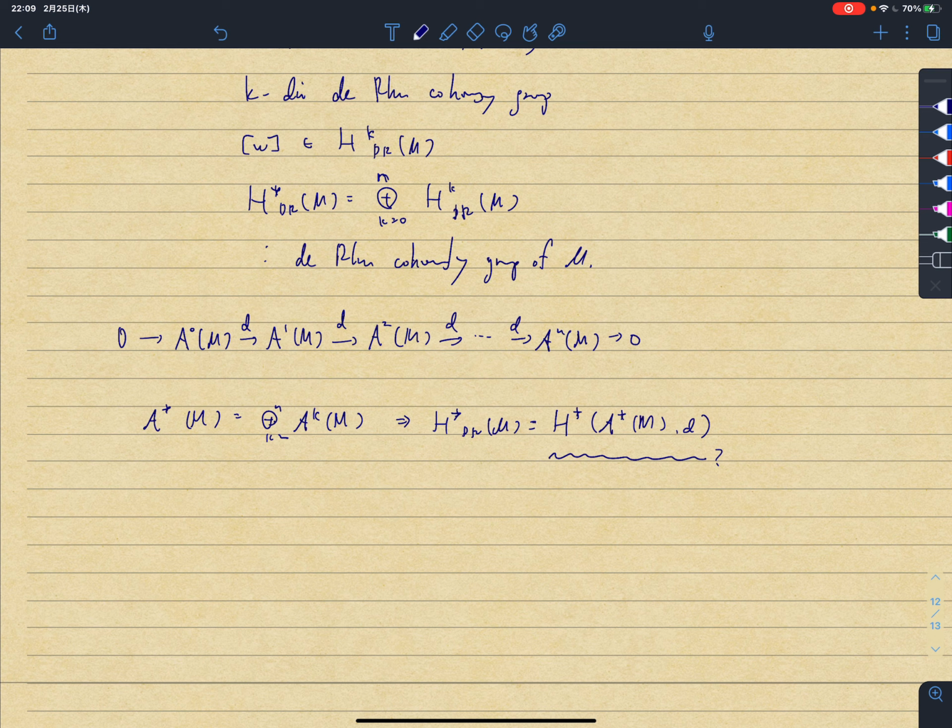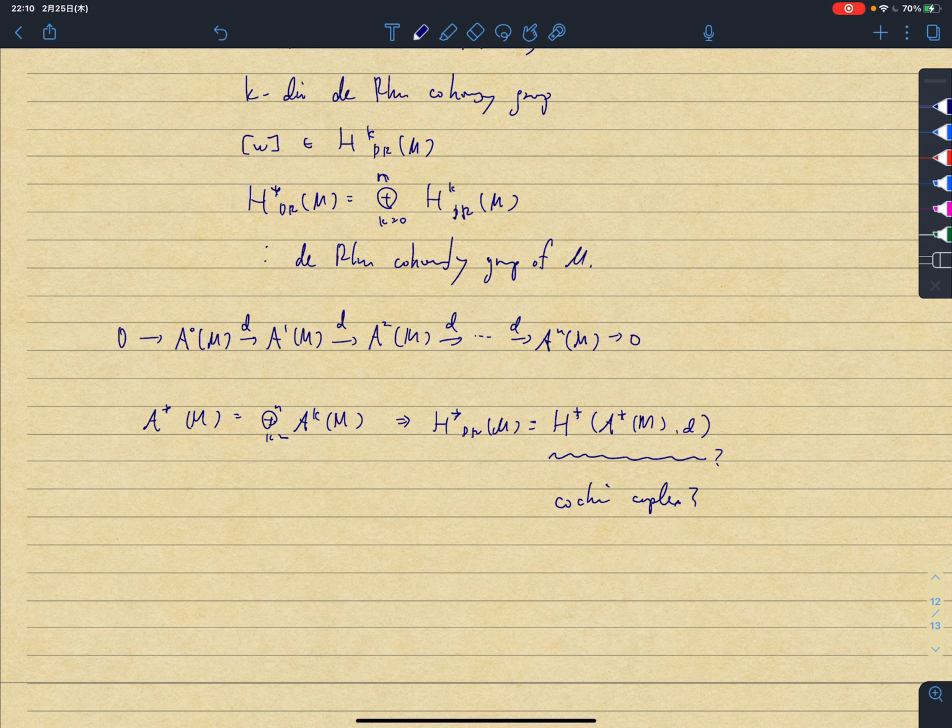I think this is a cohomology group, this cochain complex. I forget, I don't know.